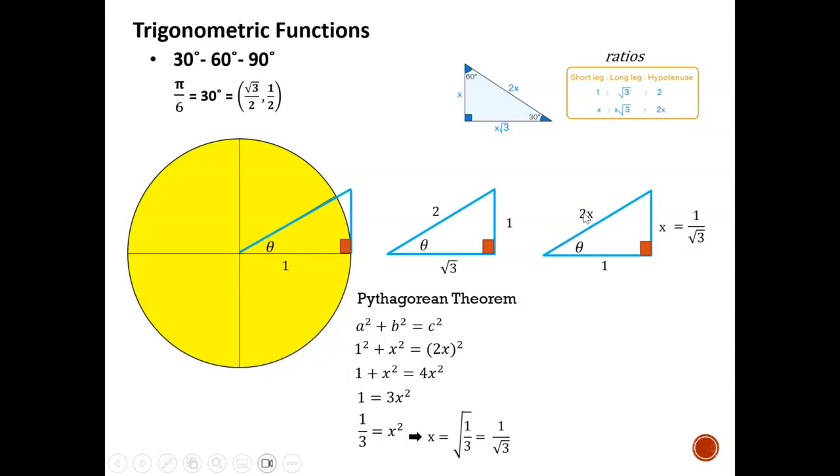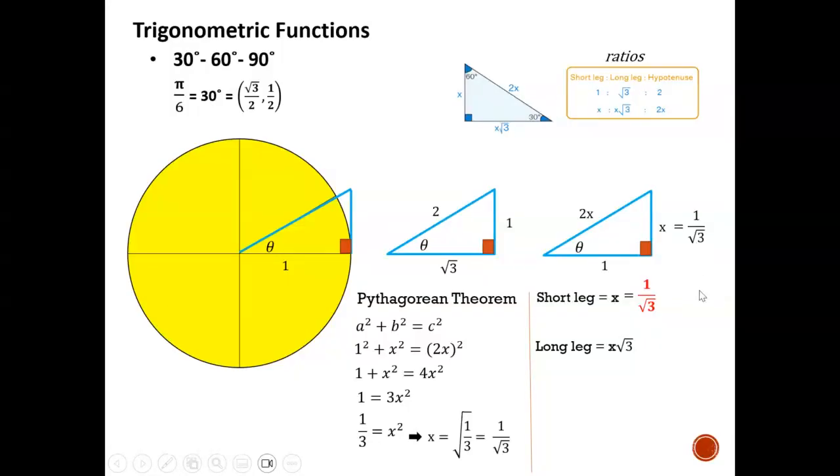Now the 2x, right? So this is my short leg, the x, which is 1 over square root of 3. This is my long leg, right? Because it's equal to x square root of 3. And what was x?